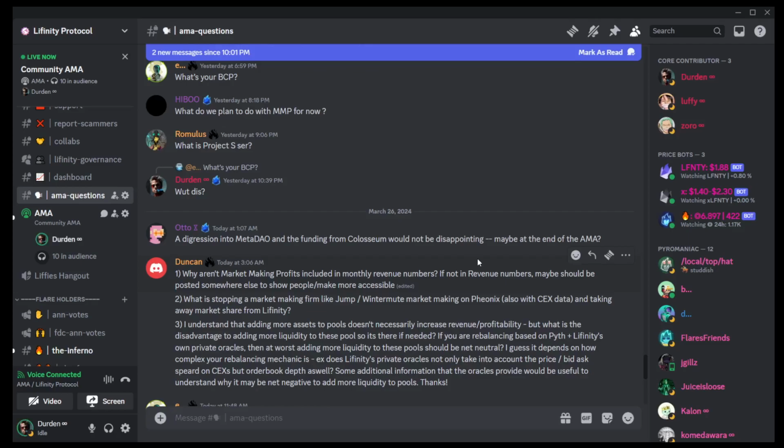So basically, that's partially why we mention our book value, because it's not a purely theoretical number. It's not inconceivable that one day that will be realized if Lifinity does become unable to continue for whatever reason.